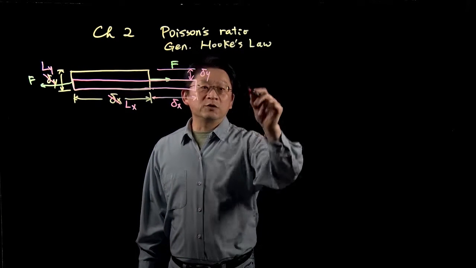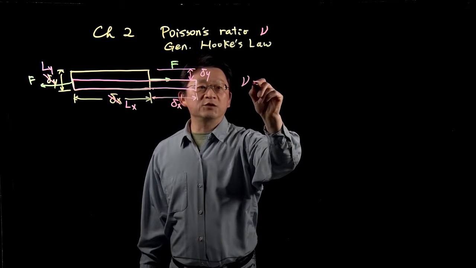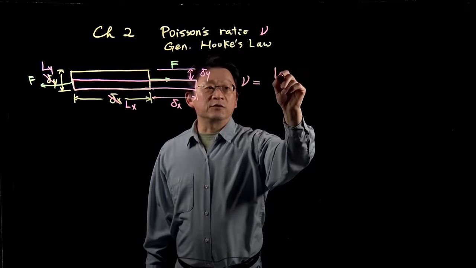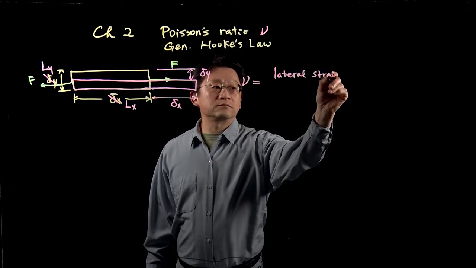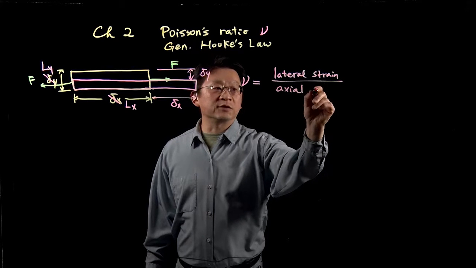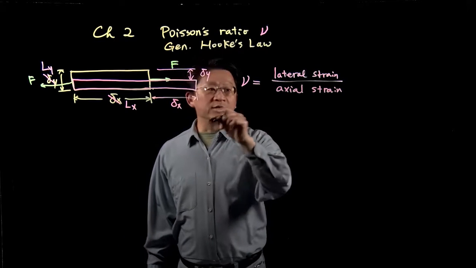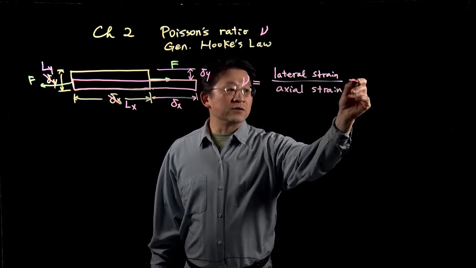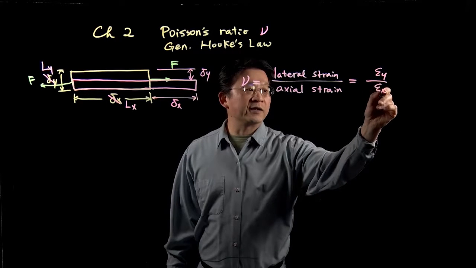So the Poisson ratio, we use the symbol mu. The mu, by definition, is the lateral strain divided by the axial strain. Axial direction is the direction in which the loading is applied. For this example, this is epsilon y divided by epsilon x.